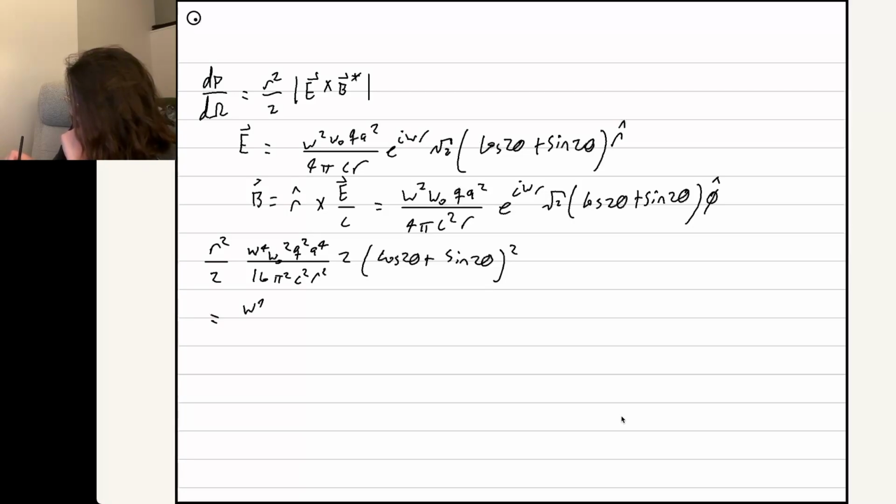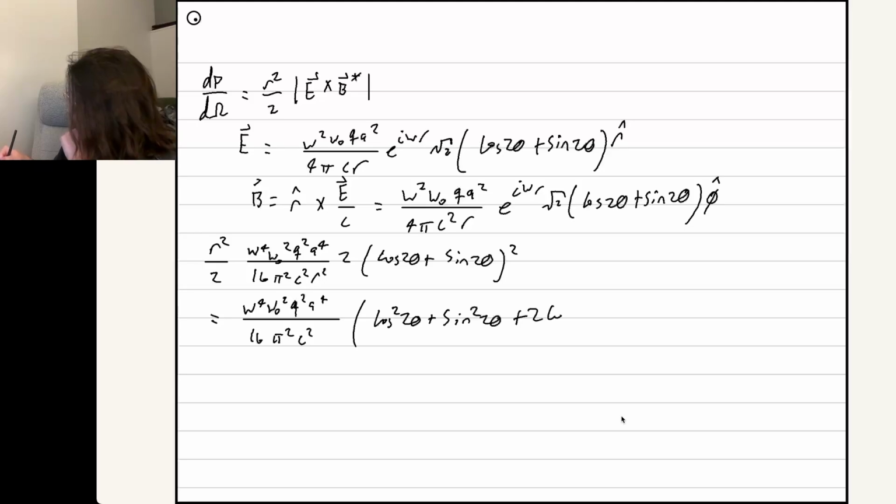So that's looking like omega fourth, omega naught squared, q squared, a fourth over 16 pi squared, c squared, r squared. The r cancels out actually, so that's good. Then you'll have cosine squared 2 theta plus sine squared 2 theta plus 2 cosine 2 theta sine 2 theta.